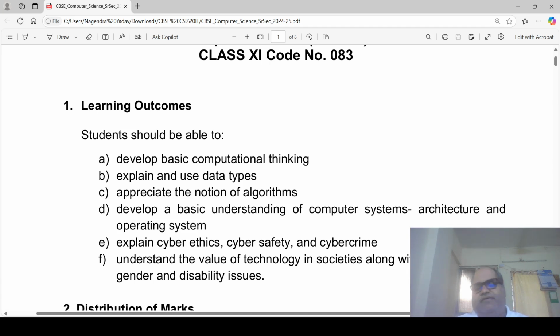for CBSE board exam. Today we'll review the syllabus for both class 11 as well as 12.